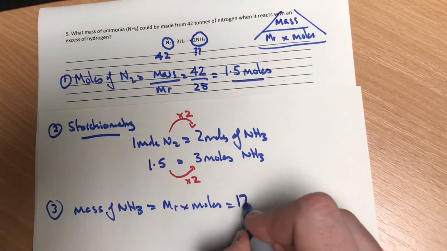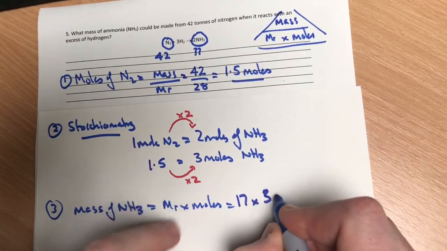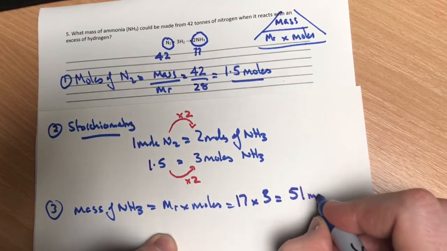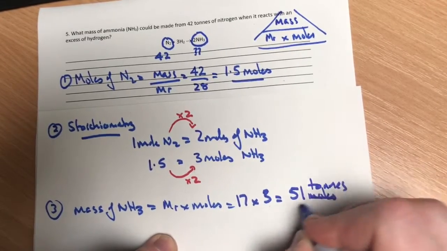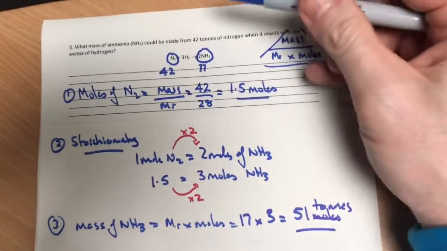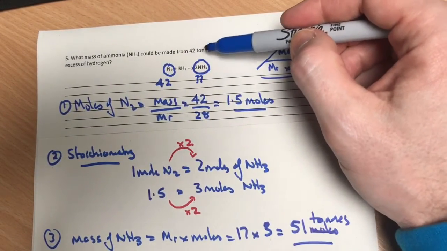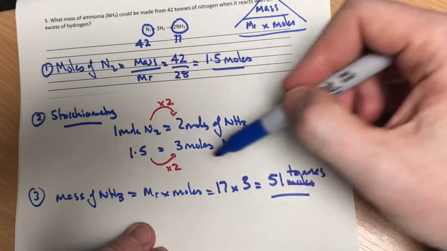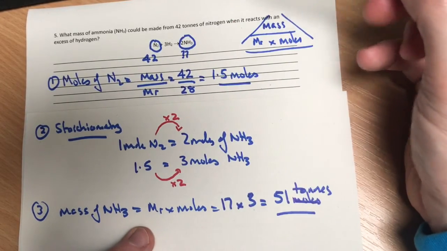So 17 is my Mr, times that by the number of moles, which is 3, and you can use your calculator to give you an answer of 51 tons. The reason it's tons is because the question stated tons at the beginning, so I don't need to do anything. It starts off in tons, it will end up in tons, so I've got 51 tons of ammonia. It's going to be produced by 42 tons of nitrogen.